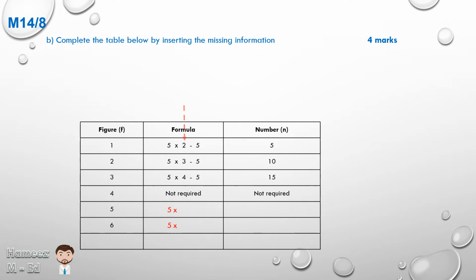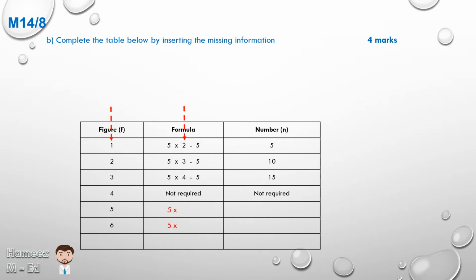But how did it change? If we look at the numbers in the first column, we can see 1 increased to 2, 2 increased to 3, 3 increased to 4, meaning that whatever number there is in the first column, we're adding 1 to it to get the 2, 3, and 4 in the second column.